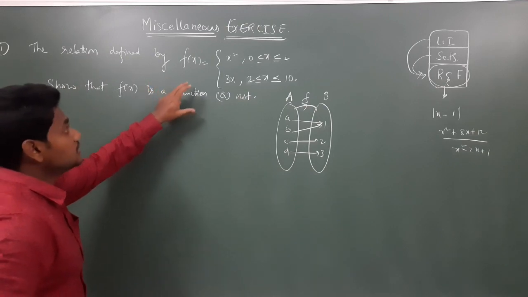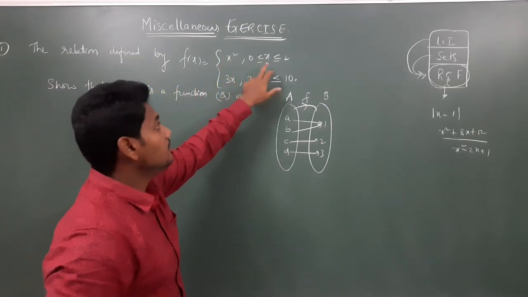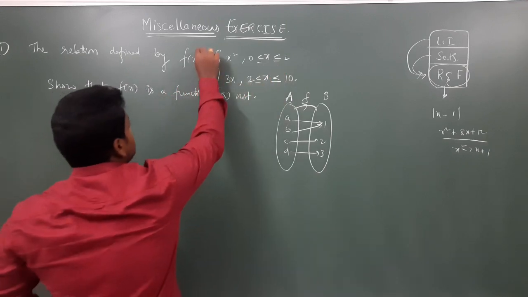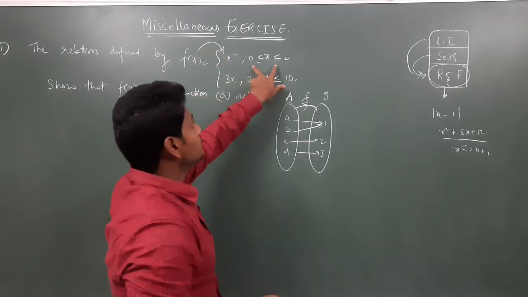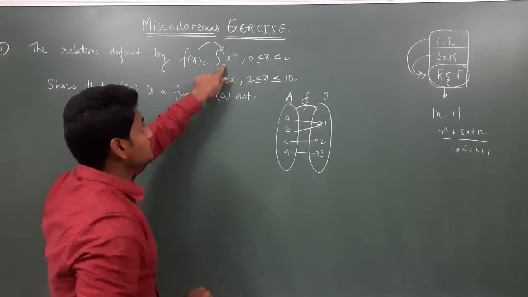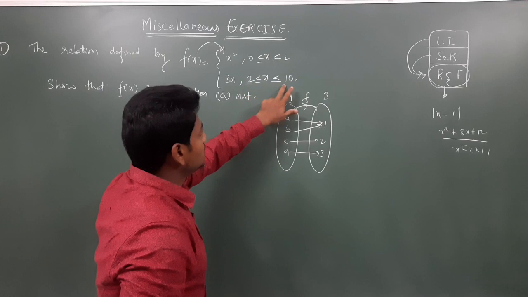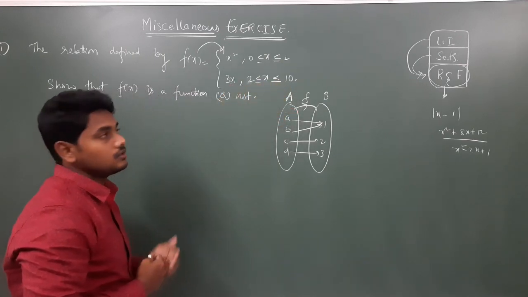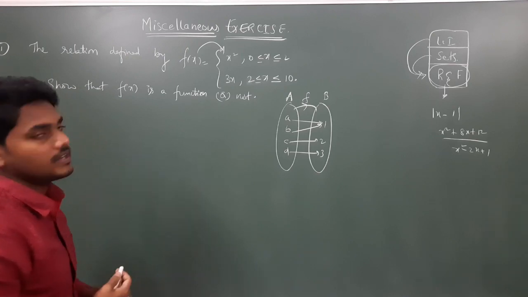Now from this question, f of x equal to x square, where x is greater than or equal to 0 and less than or equal to 2. So in this limit, from 0 to 2, the function is x square. From the limit 2 to 10, greater than or equal to 2 up to 10, the function is 3x. So let us find whether those are functions or not.